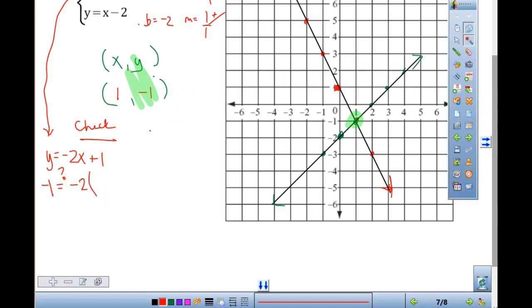What is our x coordinate? It's 1. So we're going to put -2 times 1 plus 1. And now we are checking. If we take -2 times 1 and we add 1, -1, does that equal -2 plus 1? Yes, -1 equals -1.